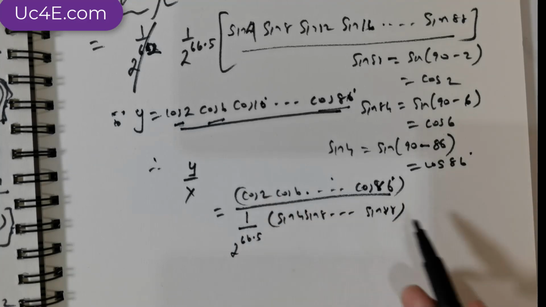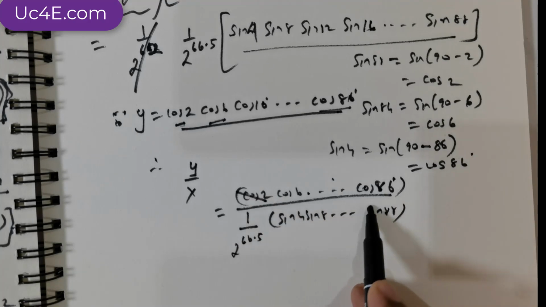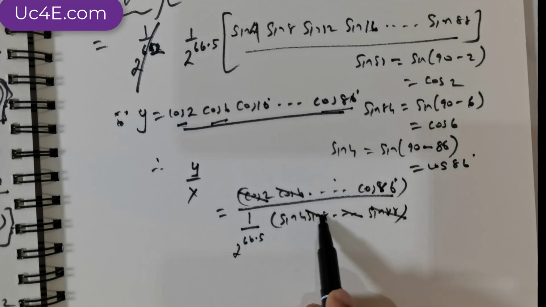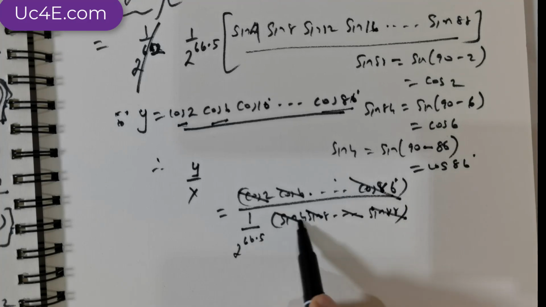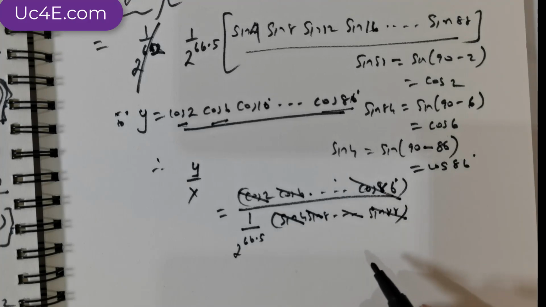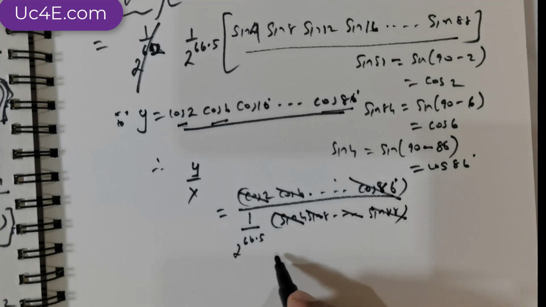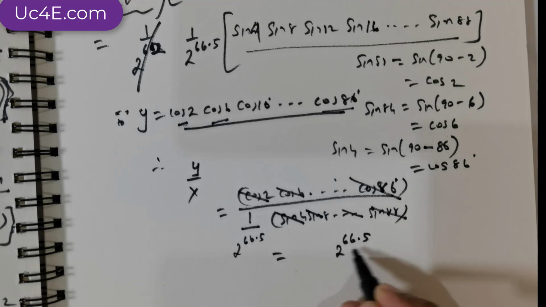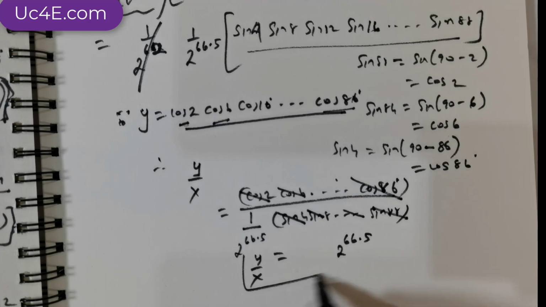As I mentioned, cos 2 and sine 88 get cancelled. Similarly the terms will get cancelled, and finally cos 86 will get cancelled with sine 4. So this is equal to 2 raised to the power of 66.5. This is what we get, y over x.